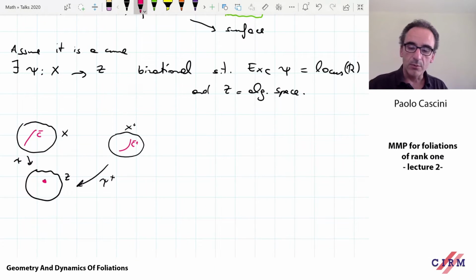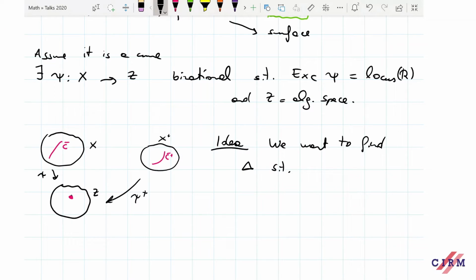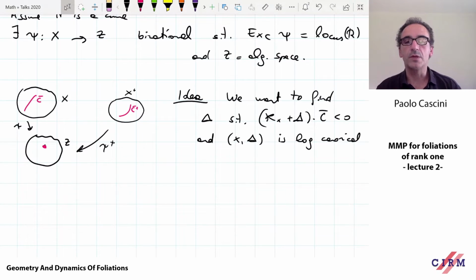And the idea is very similar to what Calum was talking about in his previous lecture. Namely, we want to find some divisor delta such that C bar becomes negative with respect to K_X plus delta, and such that (X, delta) is log canonical. I mean, the singularities of (X, delta) are under control. They belong to the set of singularities that are admissible for the classical minimal model program for threefolds.